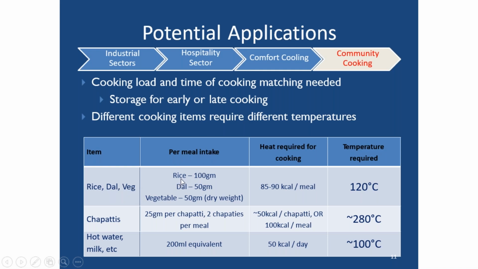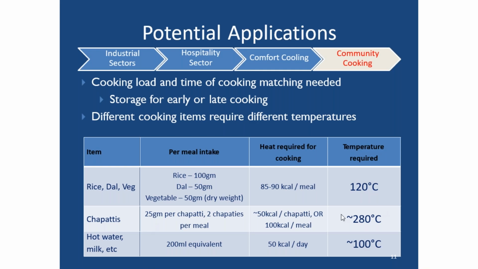Suppose I have taken rice as 100 grams, dal as 50 grams, and vegetable of 50 grams. The heat required for cooking is around 85 to 90 kilocalorie per meal, and the temperature requirement is around 120 degrees Celsius.